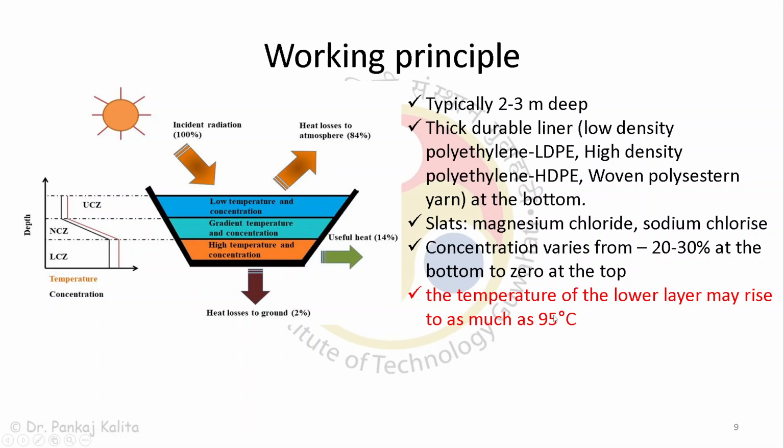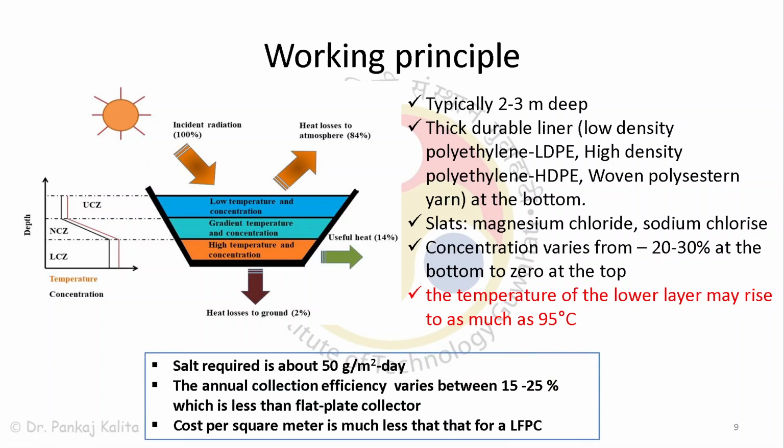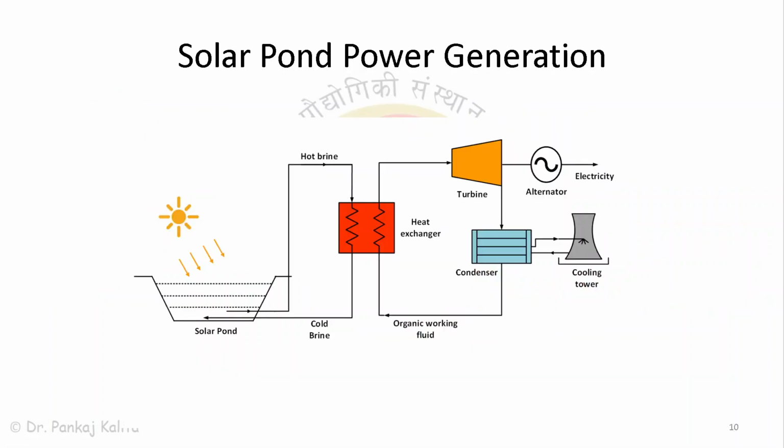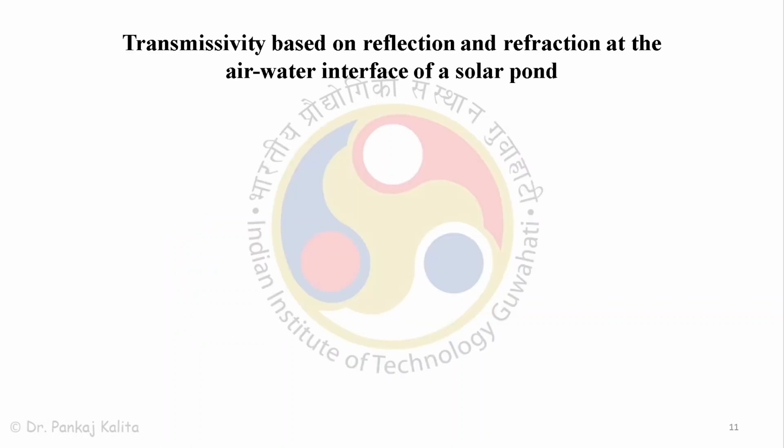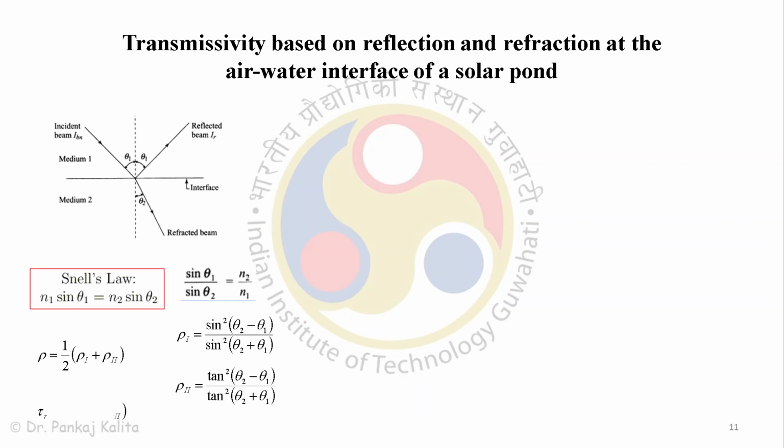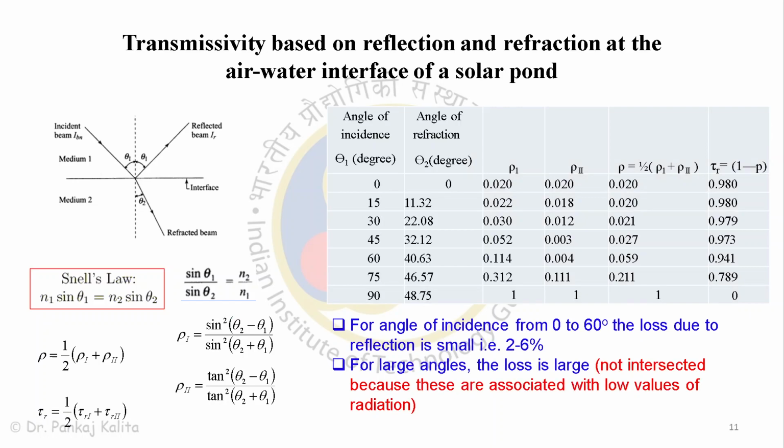It's not very highly efficient, but it can be used for generating high temperature, high quality water. Solar power generation can work like this. I won't go into much detail on this.